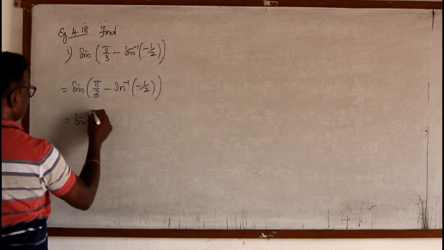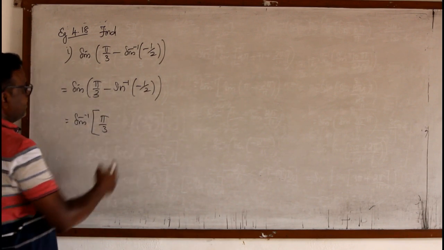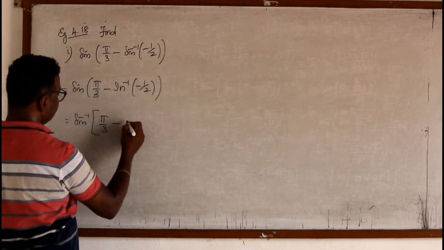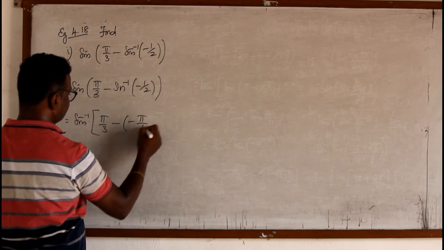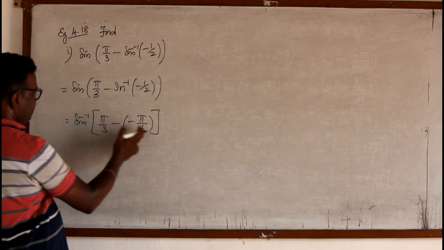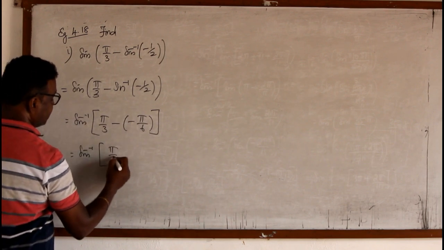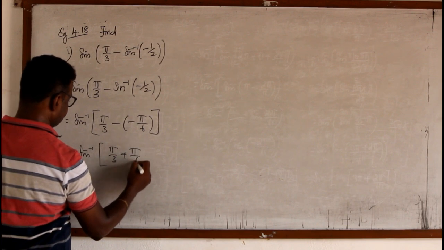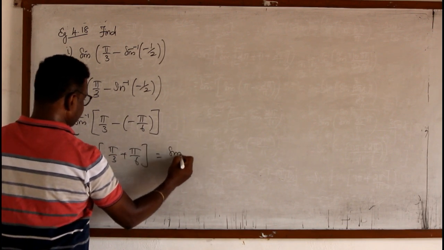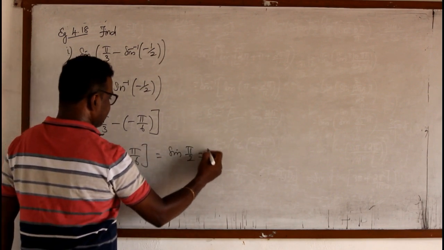Sine inverse of 1 by 2 means 30 degrees, so with minus it is minus 30, that is minus of minus pi by 6. Now sine of pi by 3 plus pi by 6. We know it is 60 plus 30, which is 90. Sine 90 is 1.